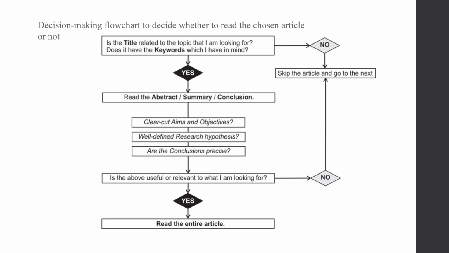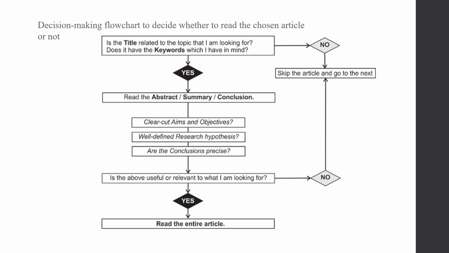And this is the flow chart to decide whether the journal article that you find is worth reading or not. First, is the title related to the topic that you are looking for? Does it have the keywords which you have in mind? If yes, continue reading the abstract, summary, and also conclusion to gain clear-cut aims and objectives and a well-defined research hypothesis.